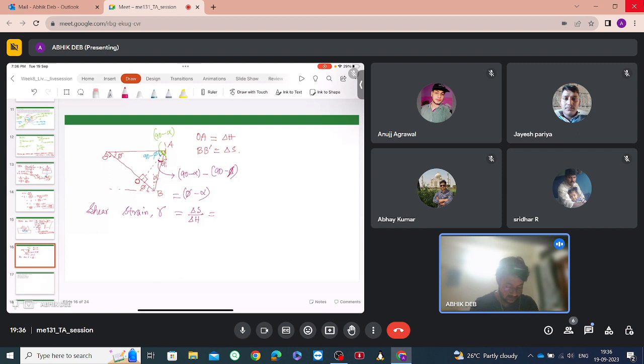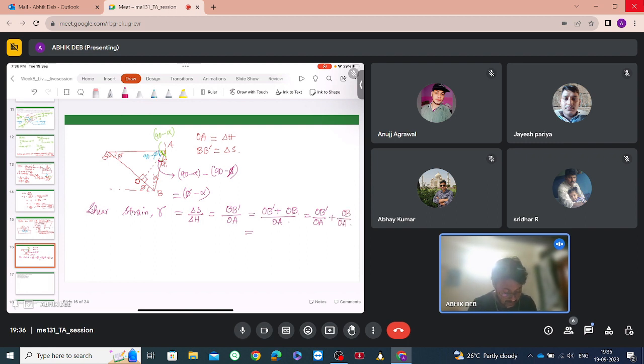What is delta S? Delta S is BB dash, and delta H is OA. What is BB dash? BB dash is OB dash plus OB, divided by OA. Now it can be written as OB dash by OA plus OB by OA.